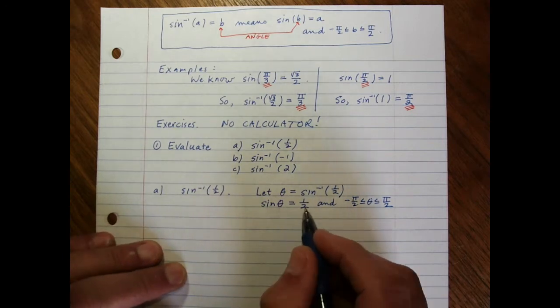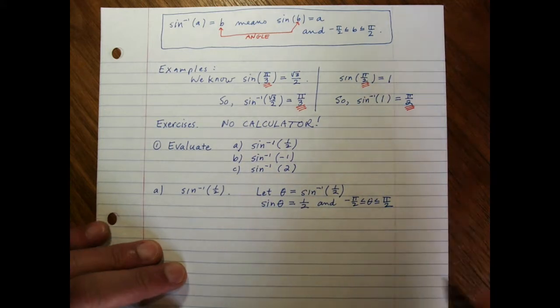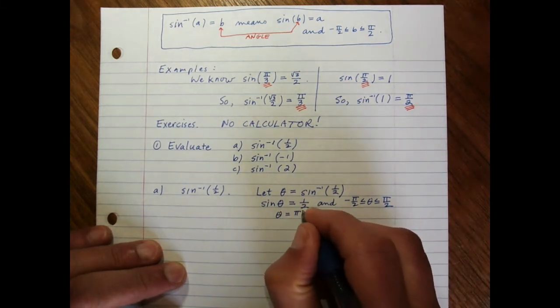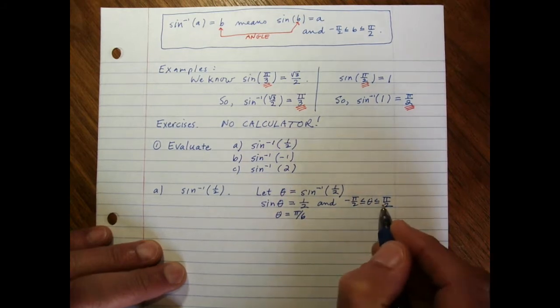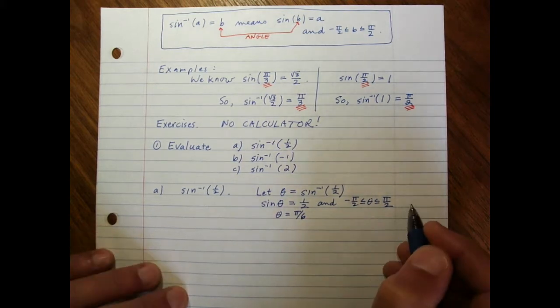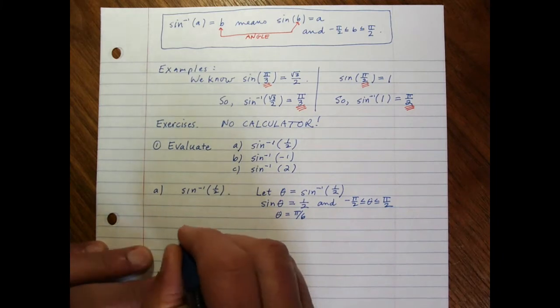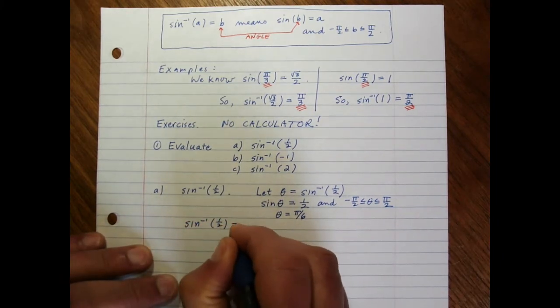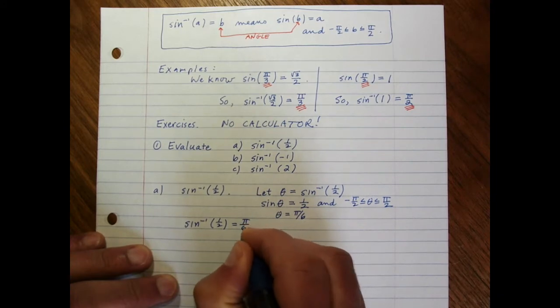Now, sine of an angle is 1/2. I know sine of 30 degrees is 1/2. I know theta is pi over 6, and pi over 6 does fall within those values. And that's my answer. You can say sine inverse of a half is pi over 6.